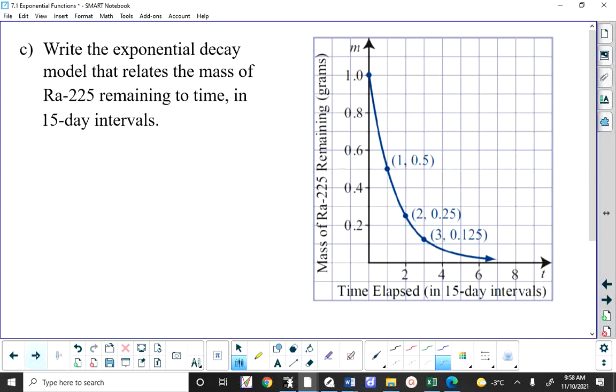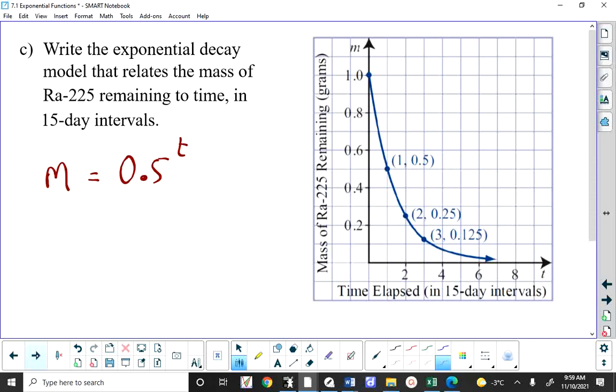All right, write the exponential decay model that relates the mass. Well, this matches perfectly with what we've been talking about, which is y equals c to the x, where c is the multiplication factor that happens regularly. It's 1/2 to the x, except mass equals 0.5 raised to the t.